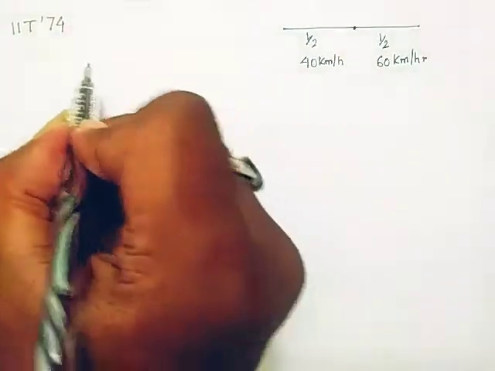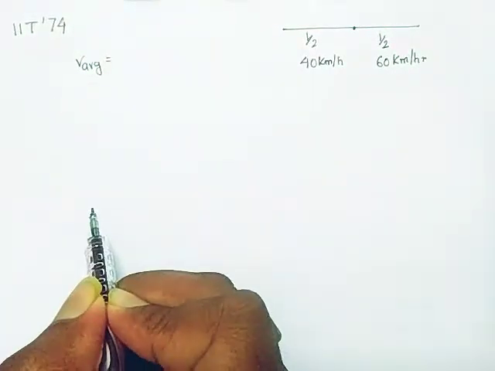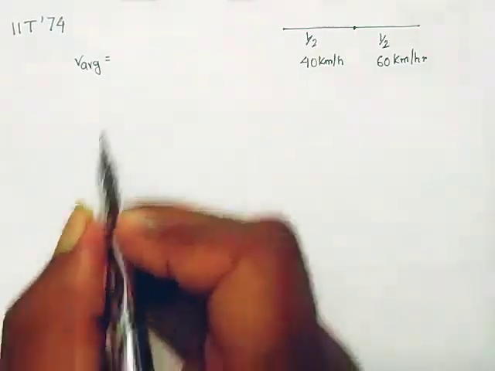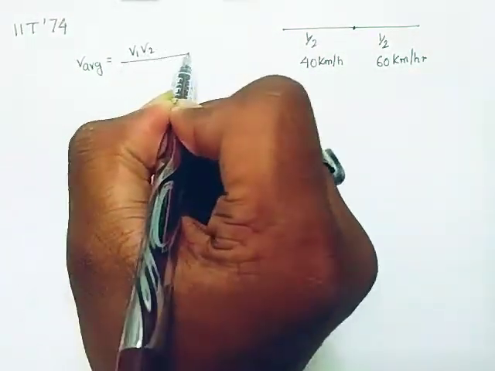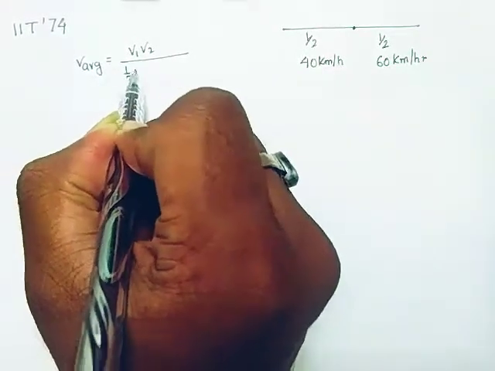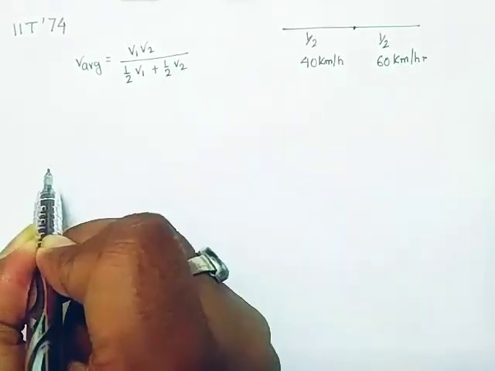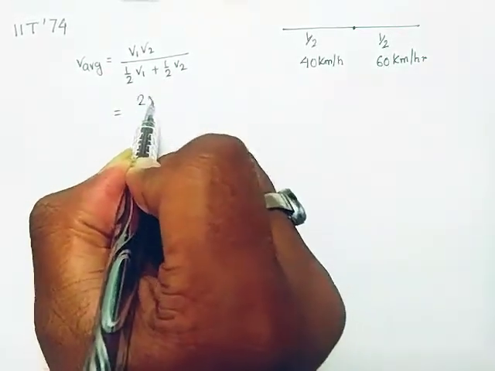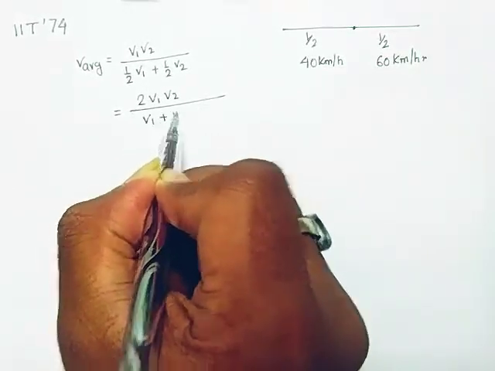So at that time it is evident that the formula becomes almost easy, that is V1 into V2 divided by 1/2 into V1 plus 1/2 into V2. Then the formula becomes 2 V1 V2 divided by V1 plus V2.